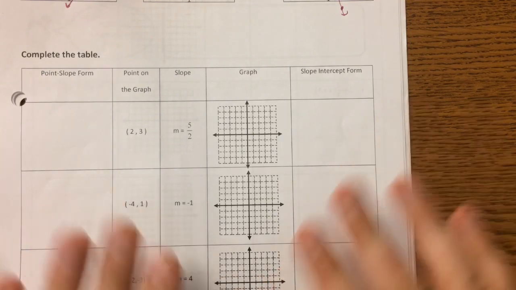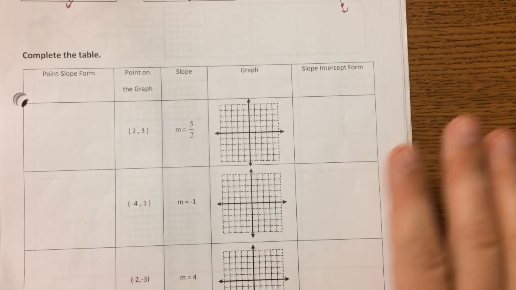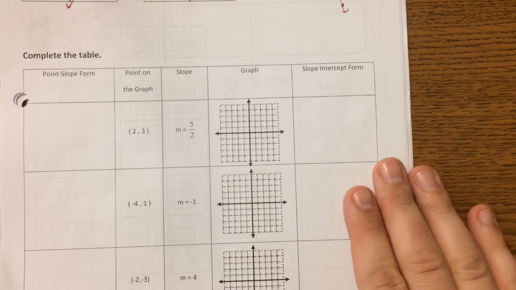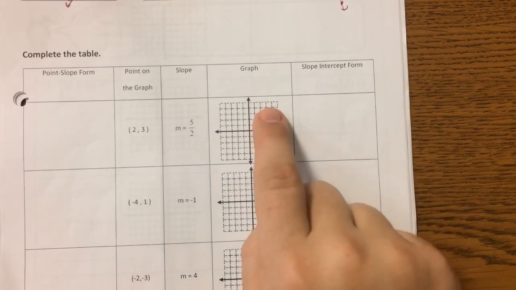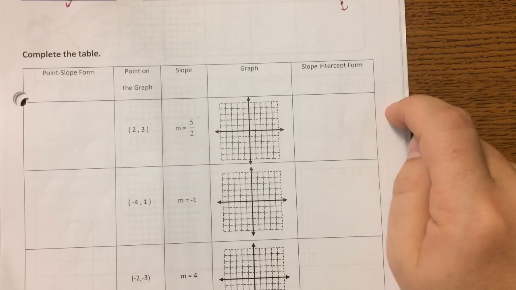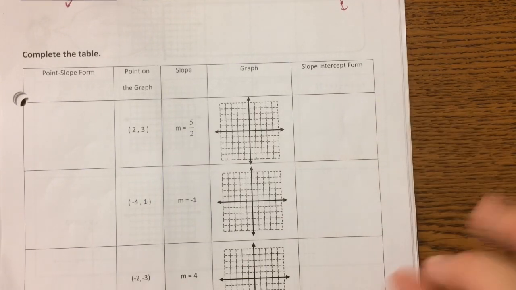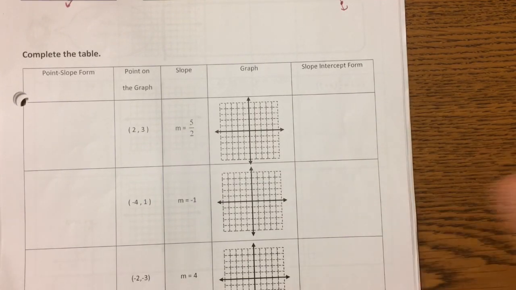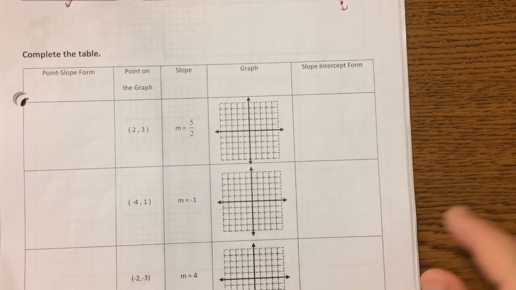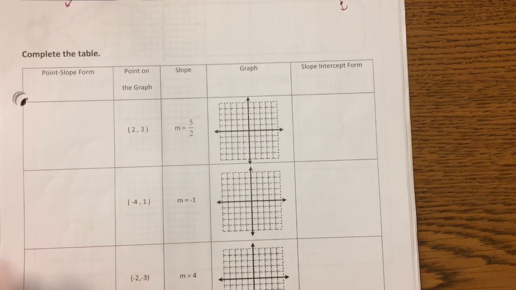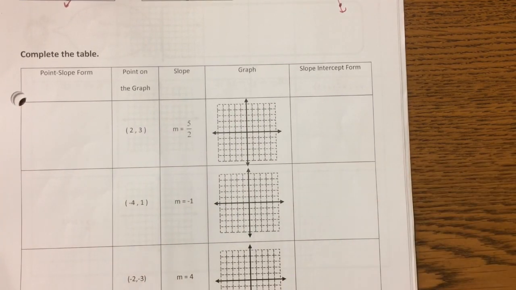What I'm going to show you through this table is you kind of want to wait to do that until last, because sometimes it's easier to just look at the graph and write the equation in slope-intercept form. If you can just identify the y-intercept from the graph, then you don't have to do any of the algebra. But if it's off the grid or a decimal or something like that, that's when we want to go back and actually do the algebra. So it all depends on what's easier. So let's start by writing the equation in point-slope form.